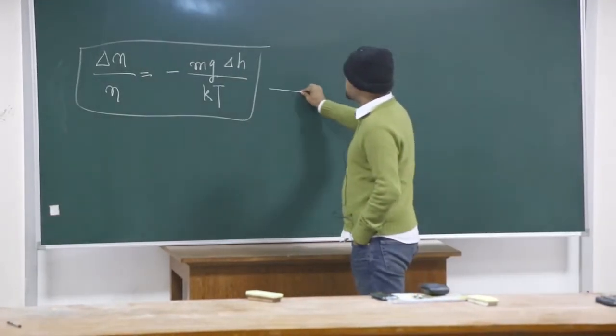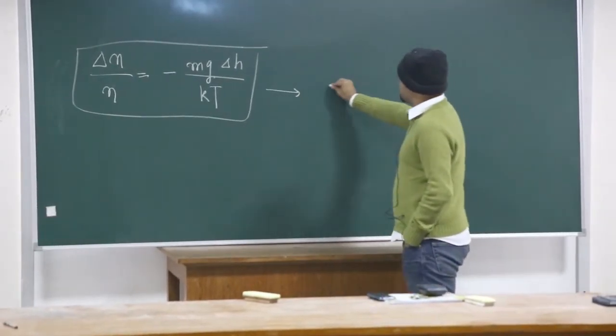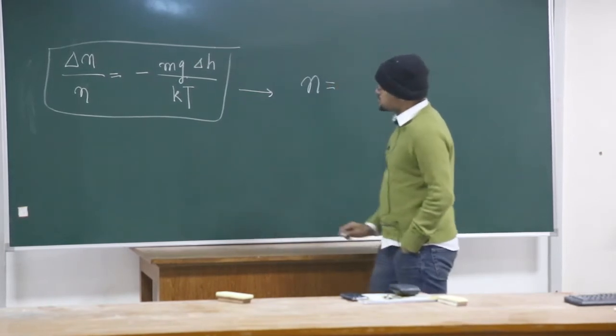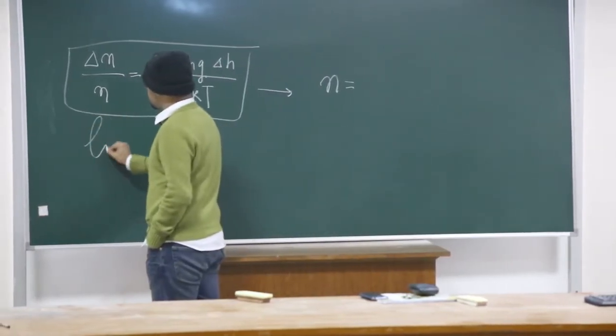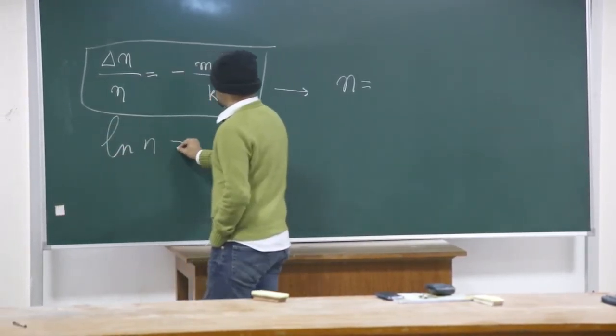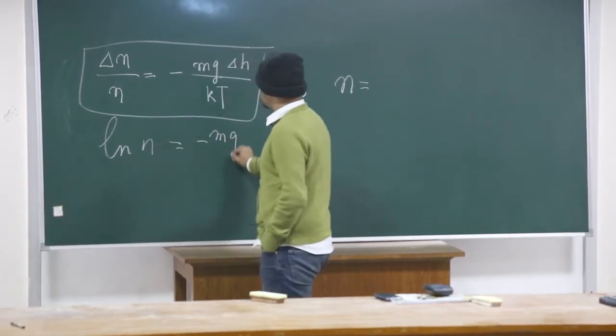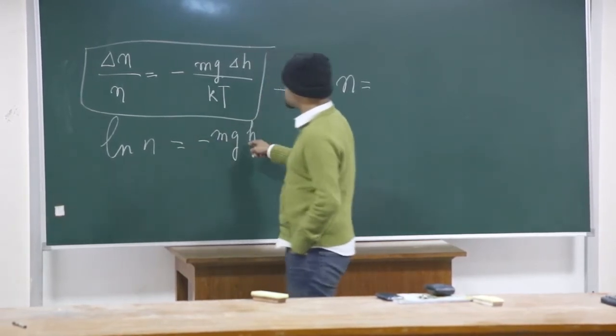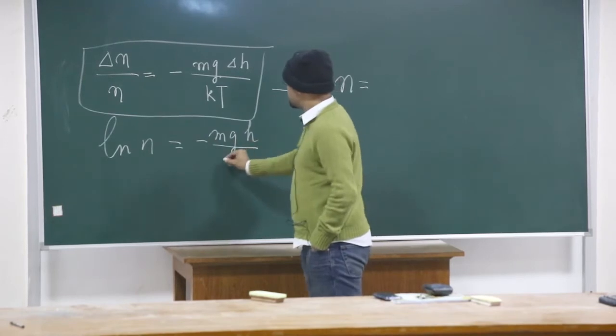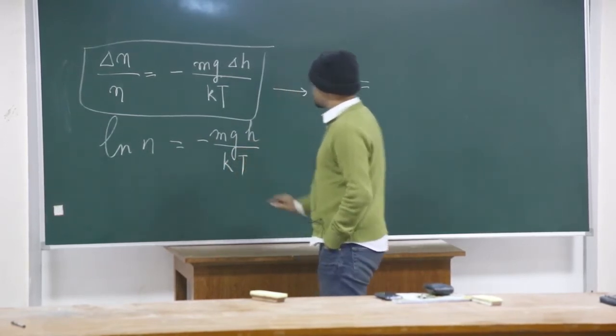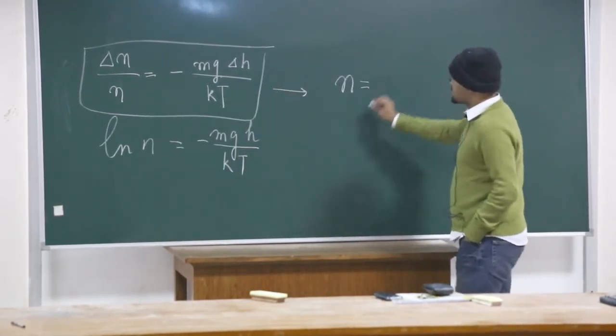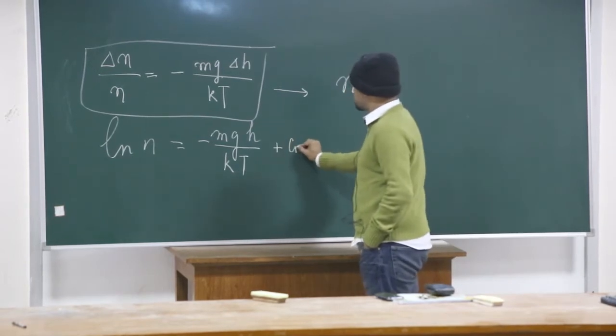So if you simply integrate this, you get log N when you integrate, and this is minus mgh, where h is measured from some reference height, by kT, plus some constant.